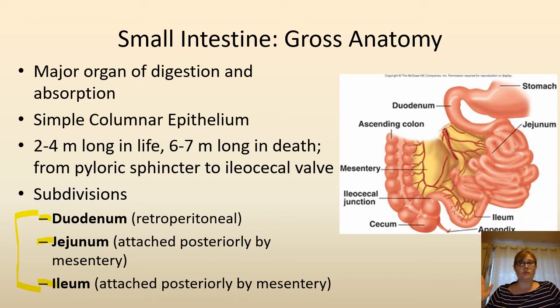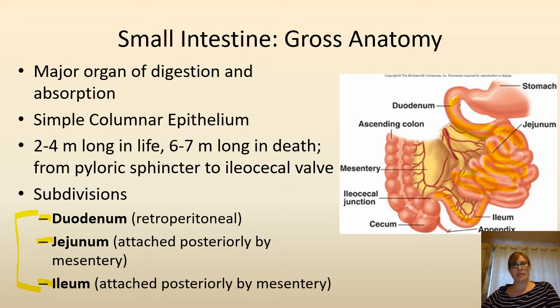That extends at death because of all the relaxing of the tissue. It starts with the pyloric sphincter, then it's called the duodenum in the beginning. Then it becomes the jejunum, and the end of it is the ileum.